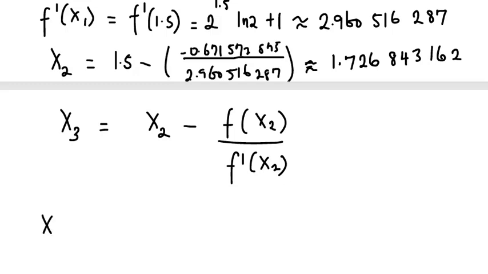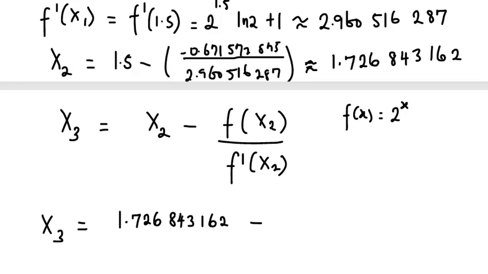So here x of 3 will be equal to, so x of 2, that is 1.726843162. Then minus, so if you check, remember that f of x is equal to 2 raised to the power of x plus x minus 5, and f prime of x is equal to 2 to the power x ln of 2 plus 1.